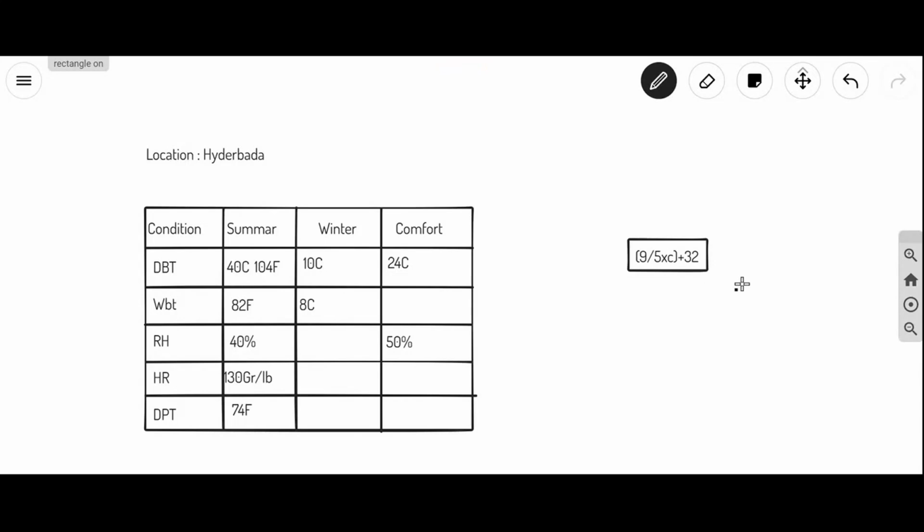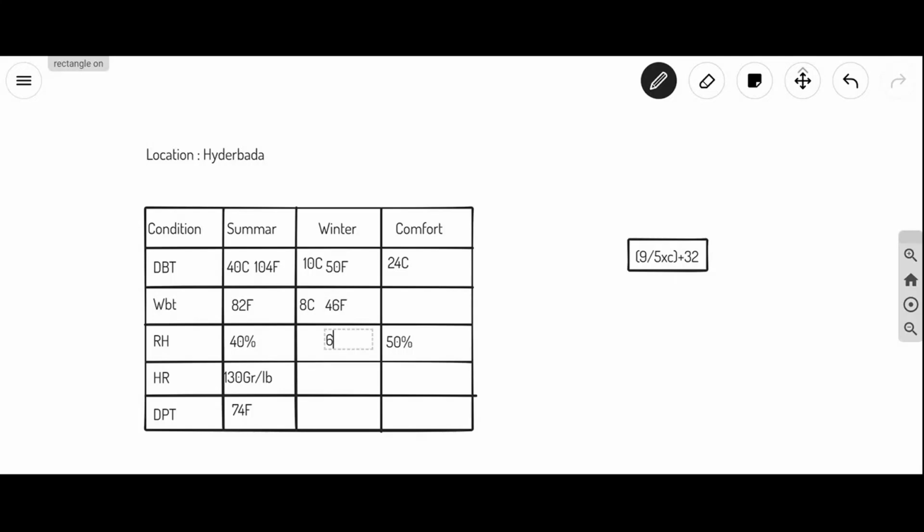Hello. Yes. So in winter, the DBT first is 50 degrees Celsius, 50 degrees Fahrenheit. Yeah, sorry, sir. 46.4 degrees Fahrenheit. Here 40%, 65%.